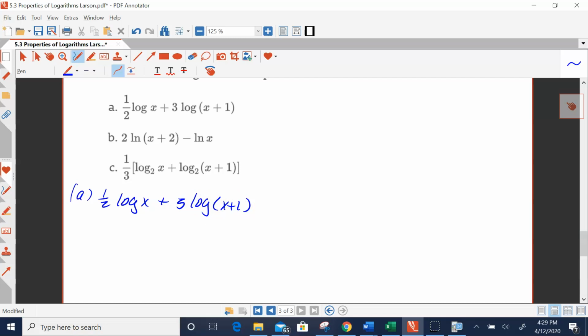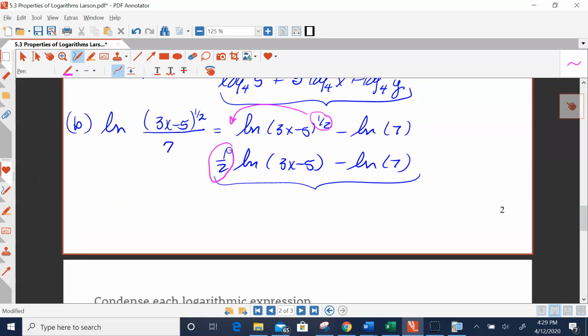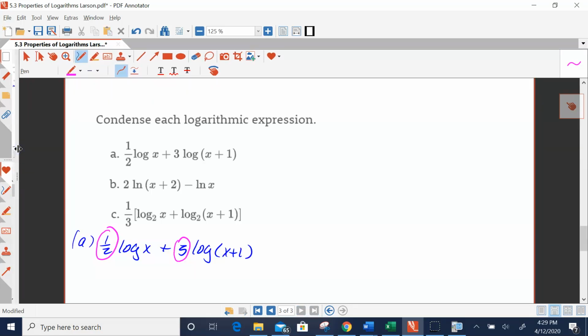Now, when we're going backwards and we're condensing into a single logarithm, we're always going to look at any coefficients that happen to occur in front of the logarithm. Because those coefficients, if you remember, were originally exponents. So we're going to take any coefficients and bring them back up as an exponent.